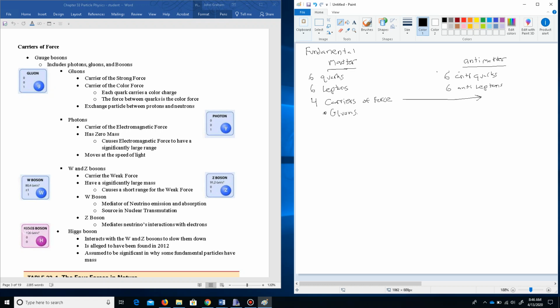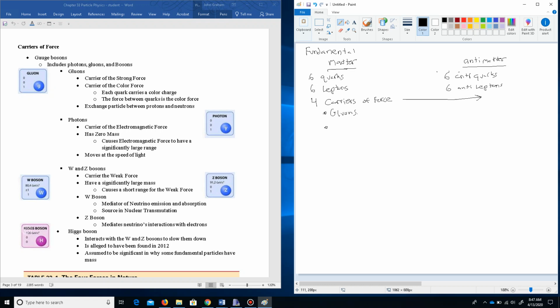Each quark carries a colored charge, and the force between the quarks is the color force. And it's a weird name for it, but when I get to it, I'll discuss it. The exchange particle between protons and neutrons is dealing with the strong force, which means you have gluons between protons and neutrons, kind of holding it together.